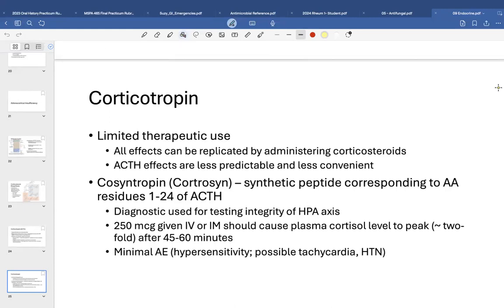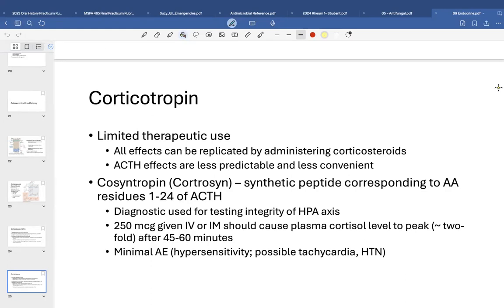What it will be useful for is determining the integrity of the HPA axis. If you give cosyntropin, the expectation is after about 45 to 60 minutes of IV administration, you will see an increase in plasma cortisol.